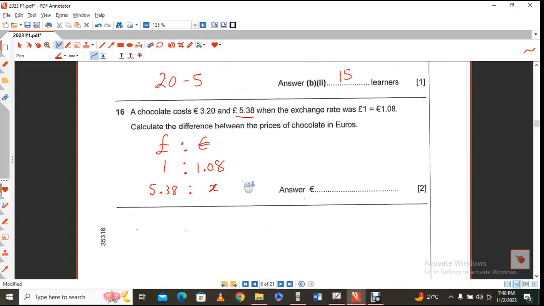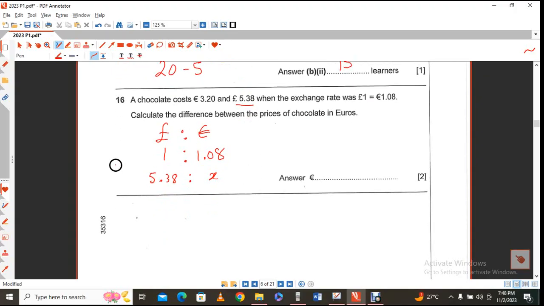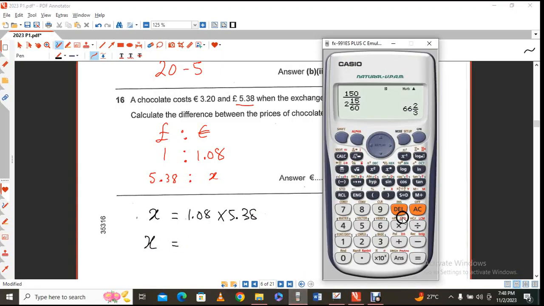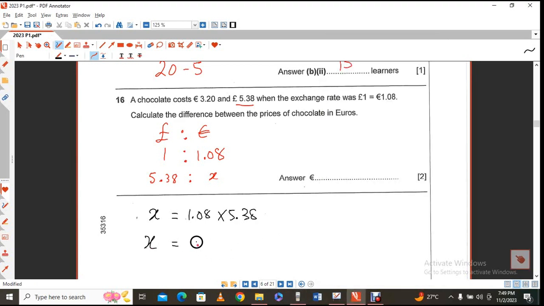Then I can use cross multiplication because these things are directly proportional to each other. So you can go ahead and do that. So this is going to be x equals 1.08 times 5.38. So x would be, let's grab our calculator, make sure we get the correct values. 1.08 times 5.38 gives me 5.8104.